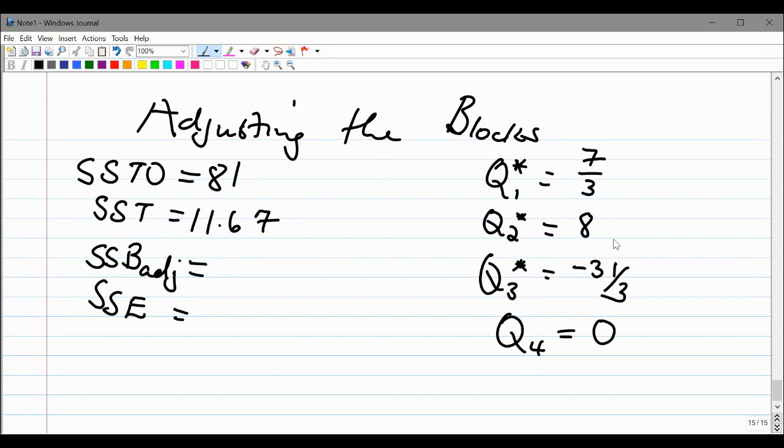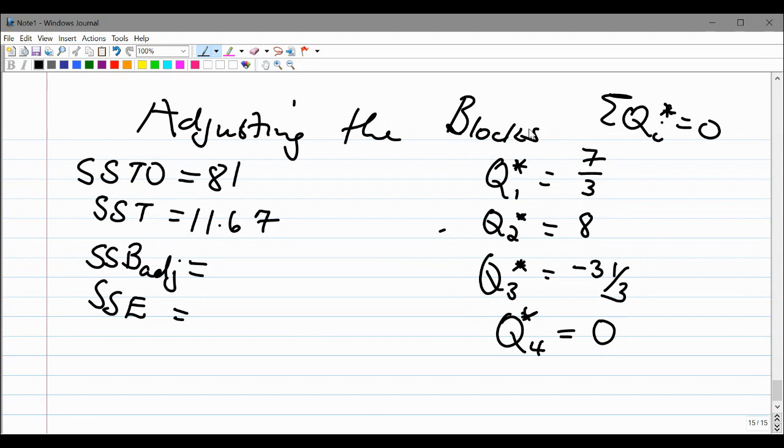So when you add this, let's check the basic rule. We agree that the summation of Qi star, when you add this, should be 0. Are you getting 0? Yes. Guys, are you also getting 0?